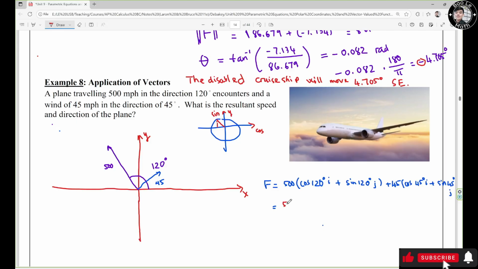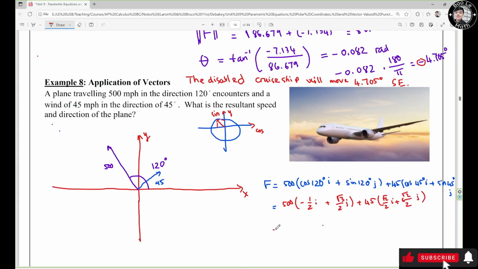So you have 500 times negative 1/2 i plus sine of 120, which should be root 3 over 2 j, right? Plus 45. Cosine 45 is going to be root 2 over 2 i, and sine 45 is going to be root 2 over 2 j, right?